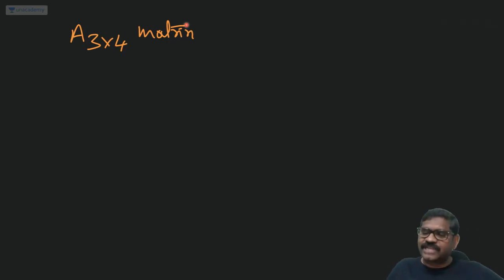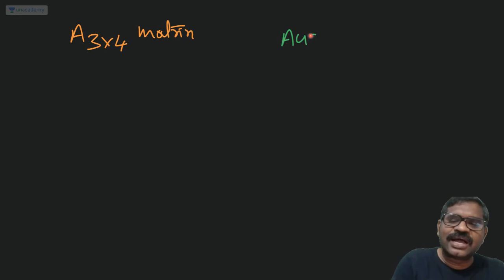Now my question is, if A is a 3 cross 4 matrix, what about AB? I am talking about the augmented matrix only. What about the augmented matrix AB? Tell me now.